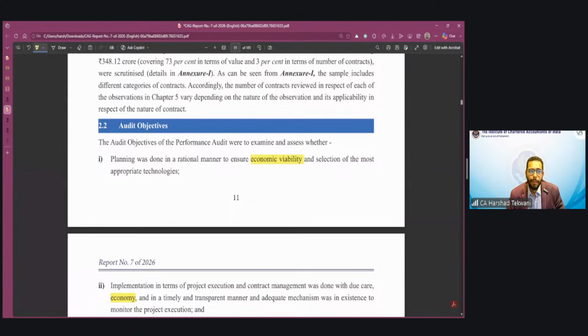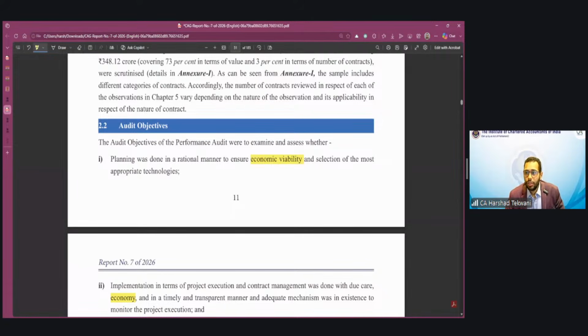When I talk about the economy of the performance audit, or the term economy, I'm talking about the principle of minimizing the cost of resources. The resources should be used in due time, in an appropriate quantity and quality, at the best price.